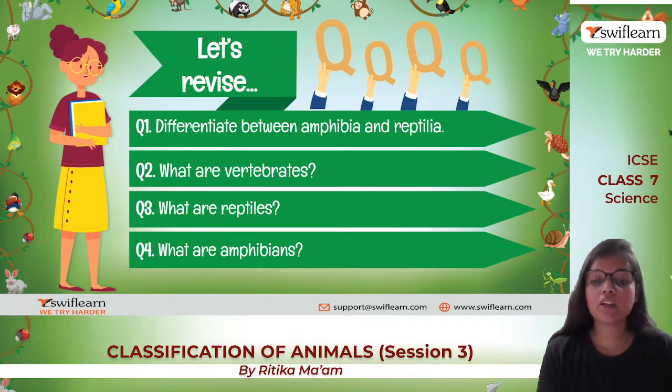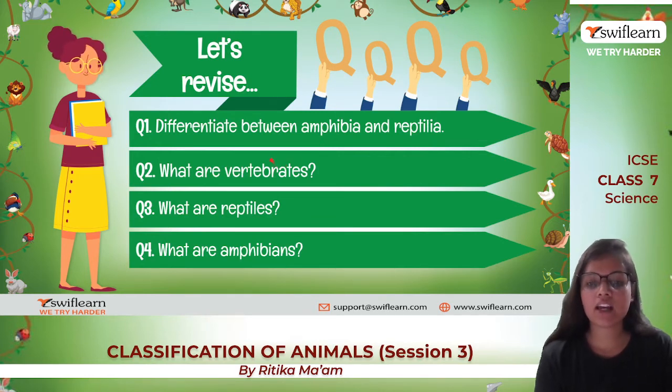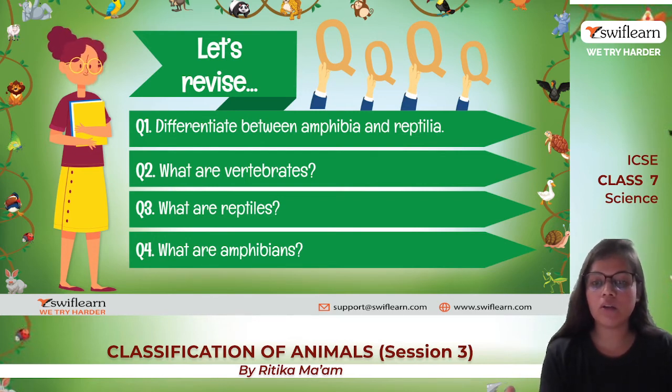Vertebrates are those creatures which have a backbone, and they have an internal skeleton, and they also have 2 pairs of limbs. What are reptiles? So reptiles are terrestrial animals which have outer skin covered by scales or bony plates. And amphibians can be aquatic plus terrestrial. So while in water they have gills to respire, and while on land they have their lungs to respire.